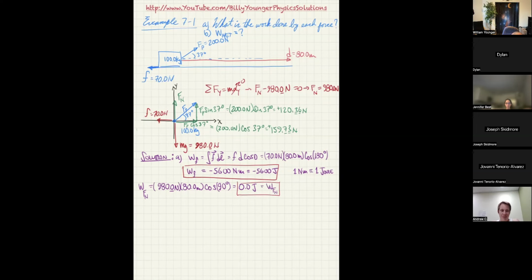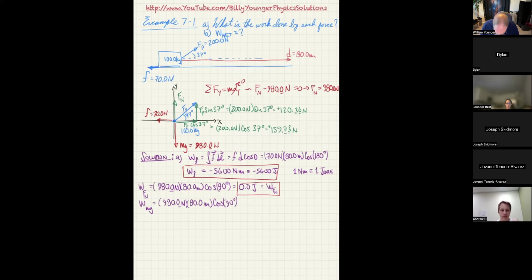Similarly, the work done by gravity, or by the weight, is equal to 980.0 newtons times 80.0 meters times cosine of 90. It might even make you a little happier to say cosine of negative 90, but it really doesn't matter.